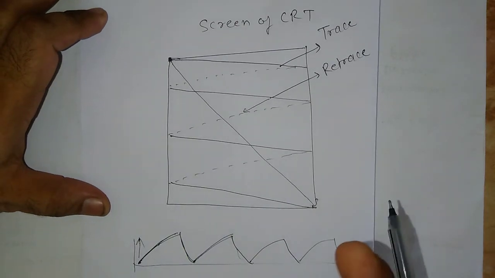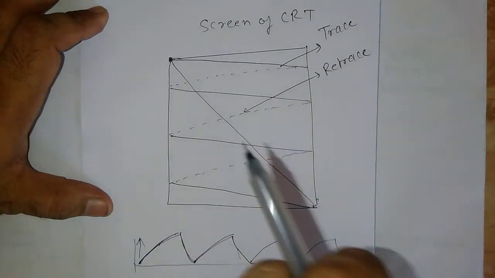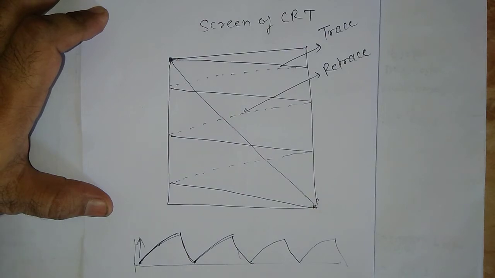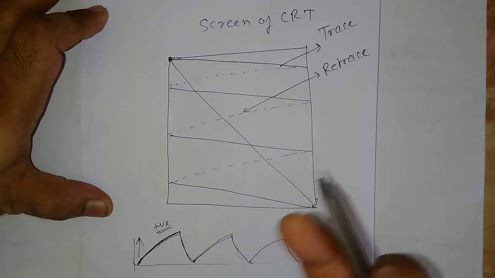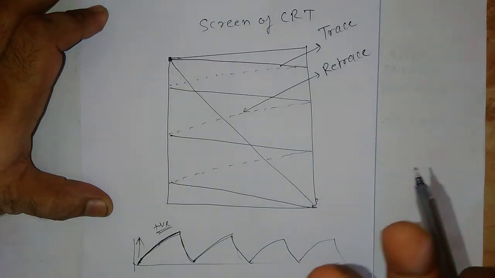That is why the electrons generated by the cathode are attracted, taken out of the cathode, and accelerated using the pre-accelerating anode. So when a positive voltage is present at the control grid, electrons will be generated, the electron beam will be on.